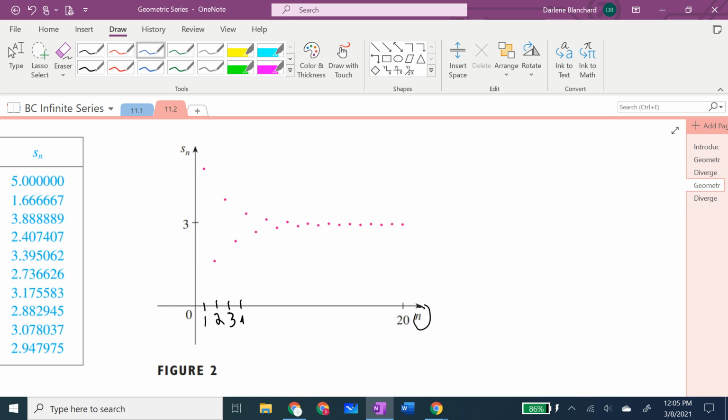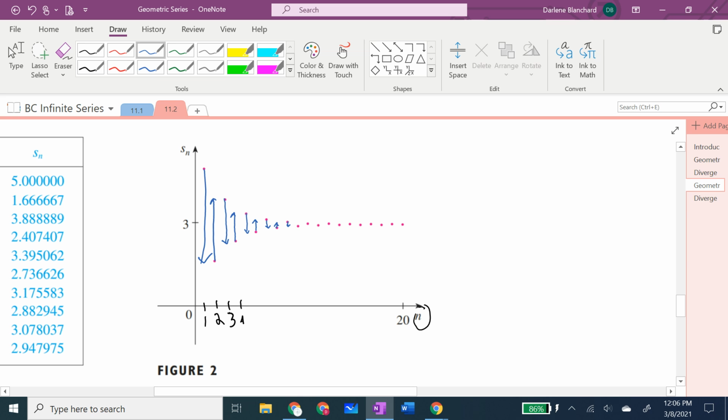By having an absolute value less than 1, the amount that you had to add or subtract to get to the next term is shrinking. When you multiply by a number between 0 and 1, that's what it does. It shrinks down to 0.